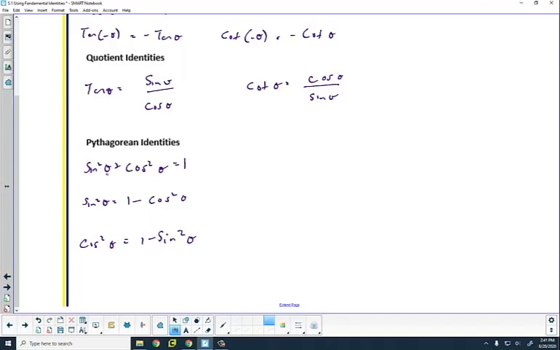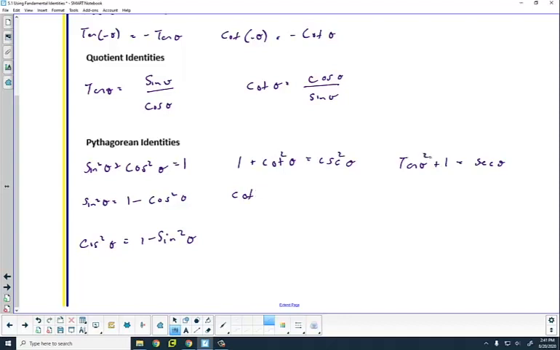If I divide all of this by sine squared, this would be 1 plus cotangent squared equals cosecant squared. And if I divide everything by cosine squared, we get tangent squared plus 1 equals secant squared. We can rearrange these as well. I'm sorry, these are squared.